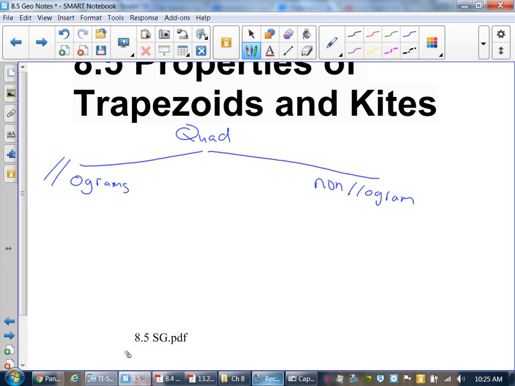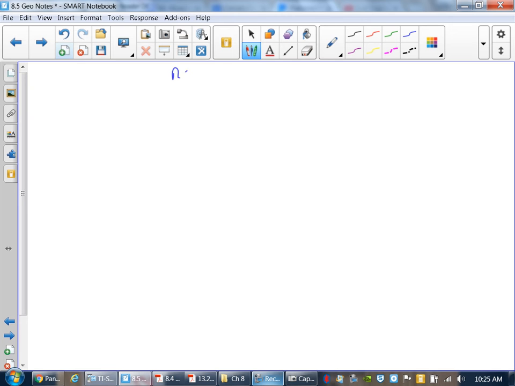Now we go to the non-parallelograms. There's really only two of them. It's the kite and the trapezoid. With the trapezoid, though, there will be two types, a generic and a more specific. So the non-parallelograms, if we start with the trapezoid.